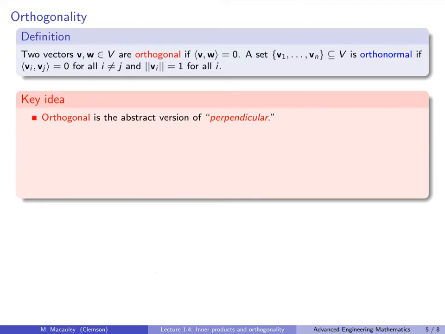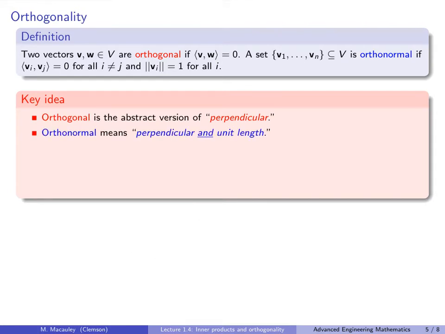So in Rn, two vectors, v and w, are perpendicular if and only if their dot product, v dot w, is 0. That's what we want to capture by the notion of orthogonality. In a generalized inner product, or generalized dot product, we say that v and w are orthogonal if and only if v dot w is 0.